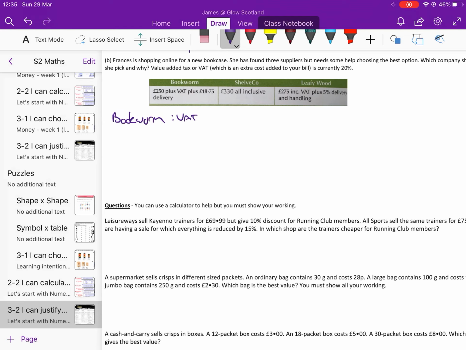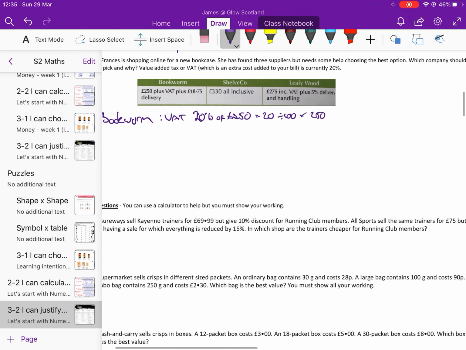The VAT is 20% of £250. Similar calculation, percentage: 20 divided by 100 times £250. That gives us a cost of £50.